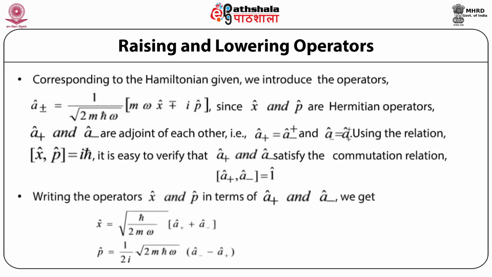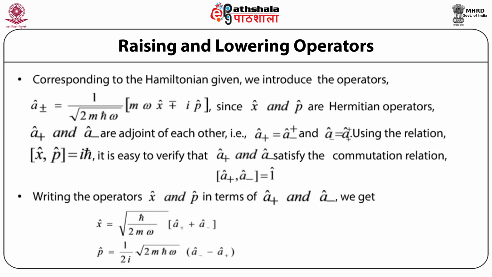Writing the operators for the position and momentum, that is operator x and operator p, in terms of the raising and lowering operators, that is A plus and A minus respectively, we get the position operator x equal to under root h cross by twice times mass times angular frequency, whole multiplied by the raising operator plus the lowering operator.